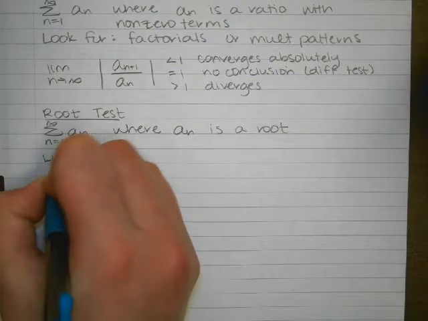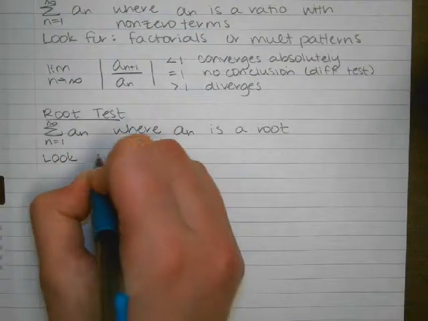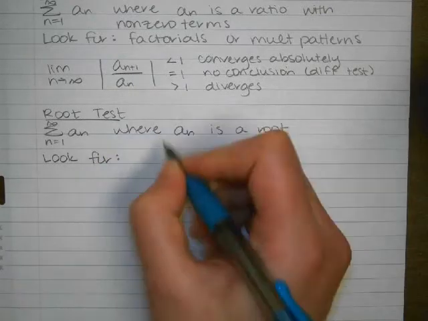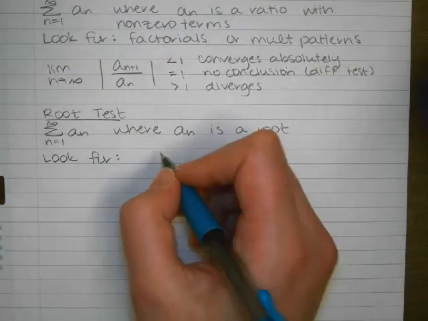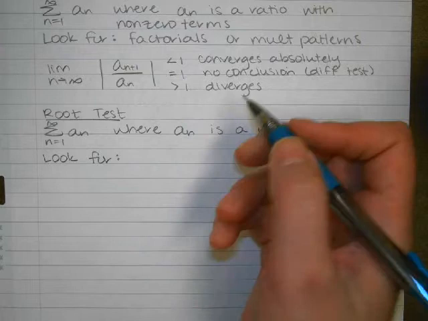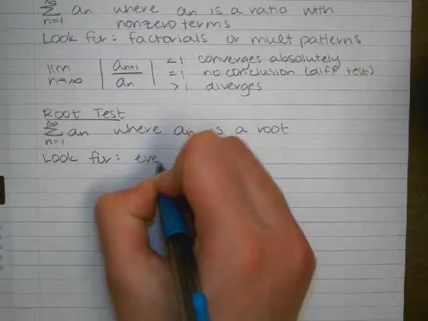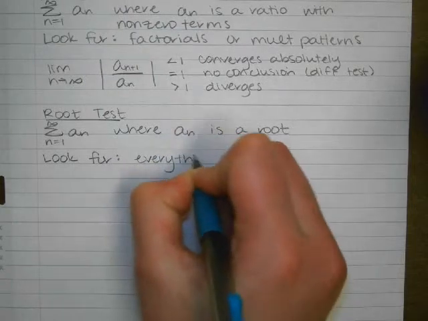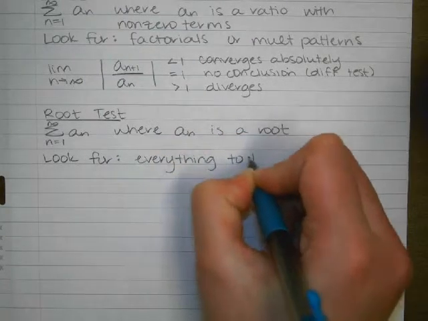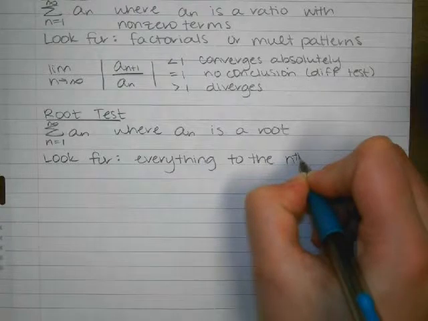And so what we're going to look for here is we want everything in the problem to be to the nth power, because then we can take the nth root of the problem. So we're going to say everything to the nth power.